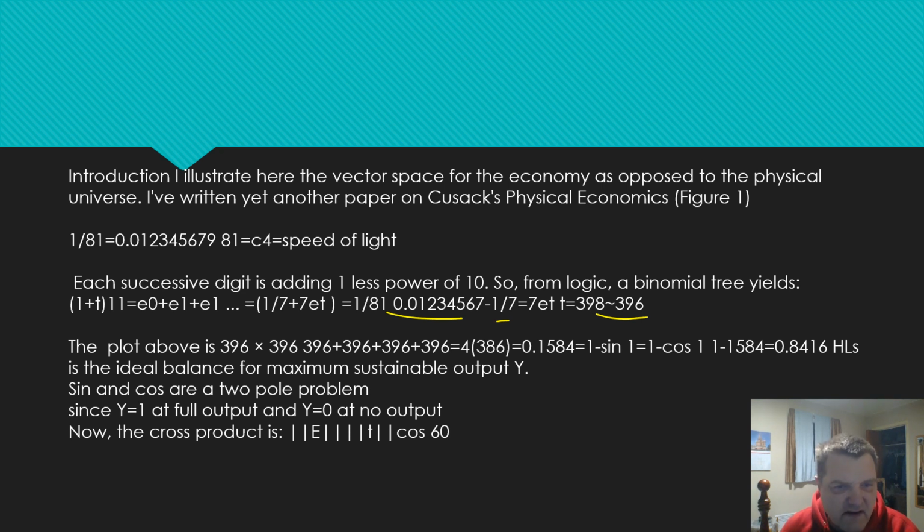The plot above is 396 by 396, and then 396 times 396 plus 396 plus 396 is 4 times 396, which is equal to 1584. The 1584 is equal to 1 minus the sine of 1, which is the moment. And the cross product is the energy times the time times the cosine of 60 degrees.